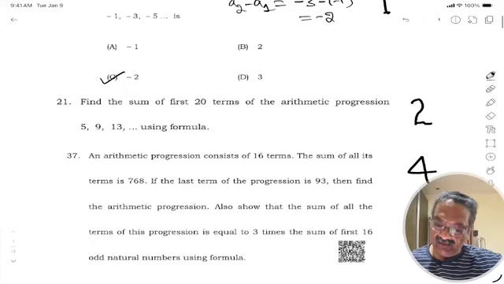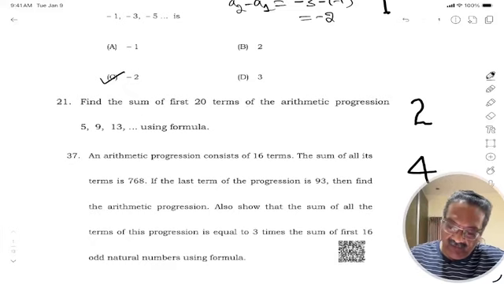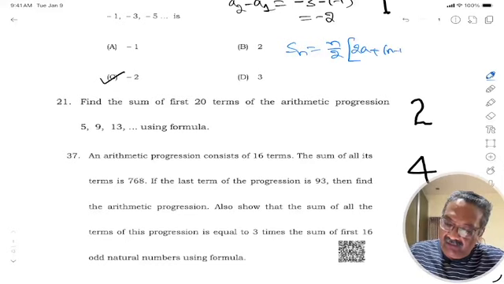Find the sum of first 20 terms of the AP. So we have 20 terms. Formula is Sn is equal to n by 2 into 2a plus n minus 1 d.